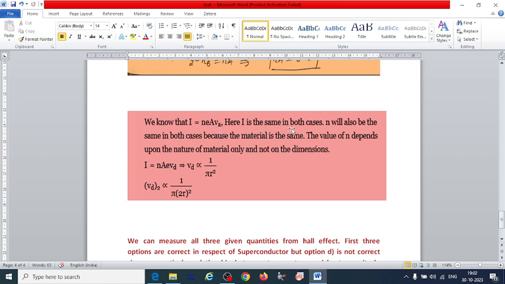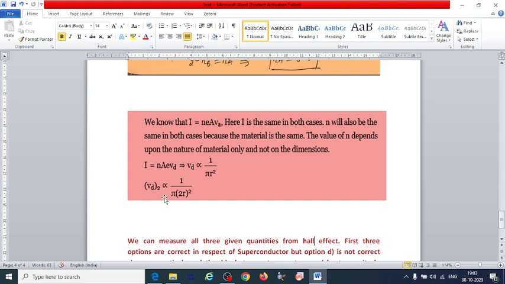So I is the current in both cases, and n will also be the same in both cases for the material. The value of n depends on the nature of the material, the charge carriers. Then the drift velocity, as we know, is proportional to 1 divided by pi r square, the area.